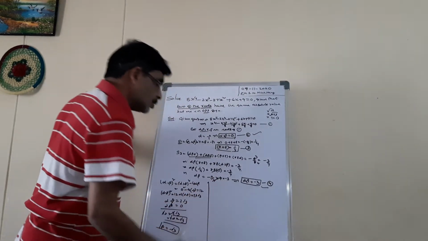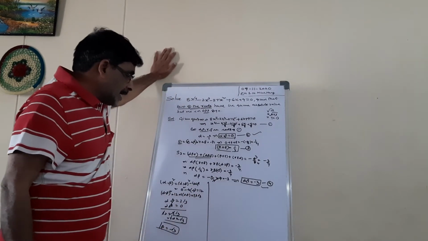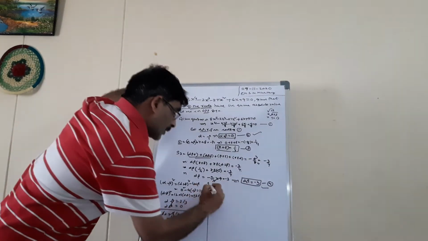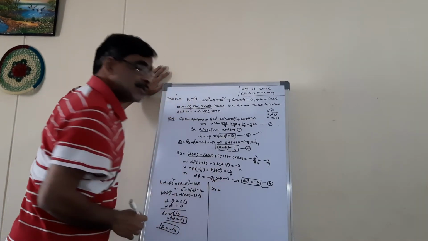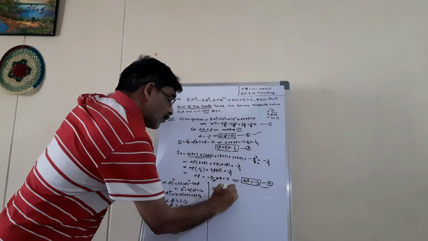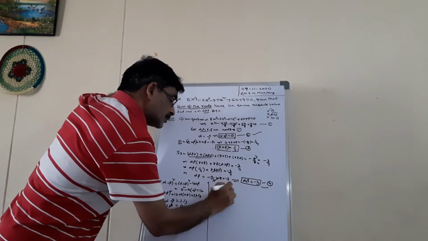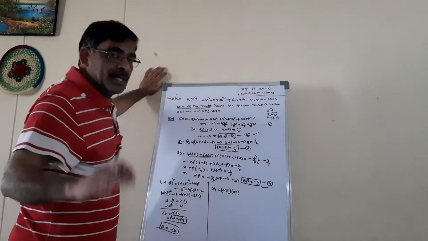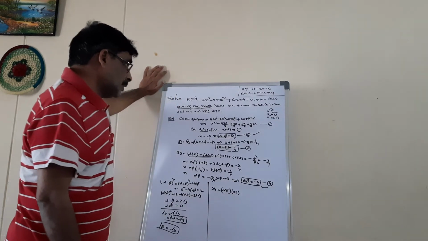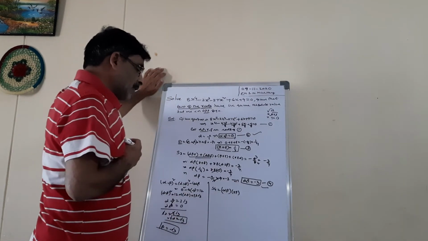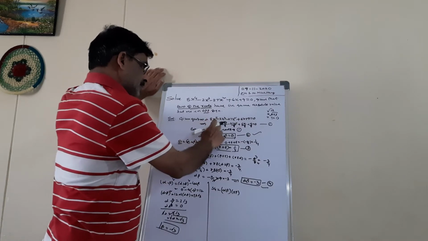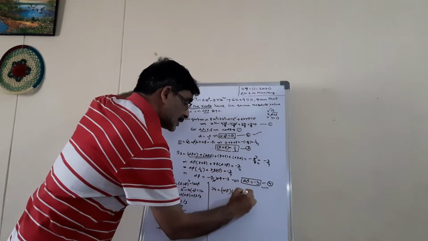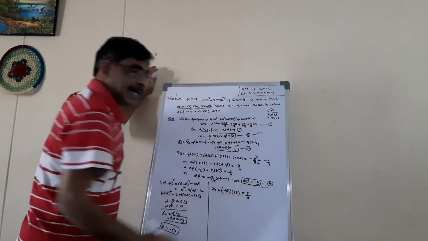To get 2 more roots, we have to take one more relation, that is S4. What is S4? S4 means alpha beta into alpha beta gamma delta. What is alpha beta gamma delta? It equals 9 by 8.